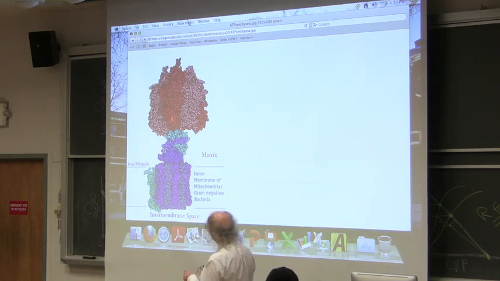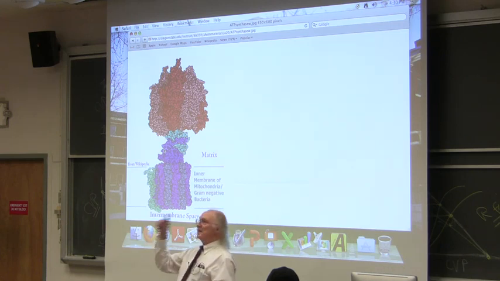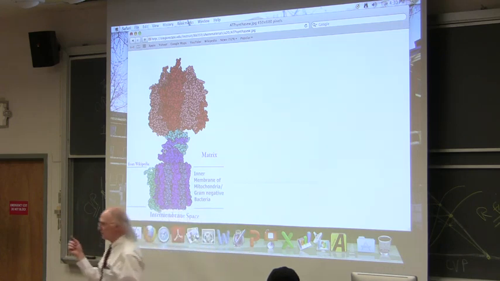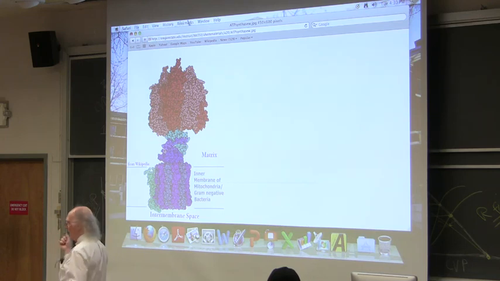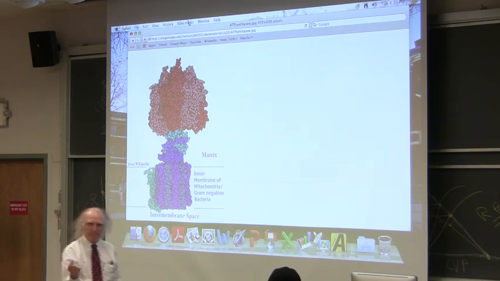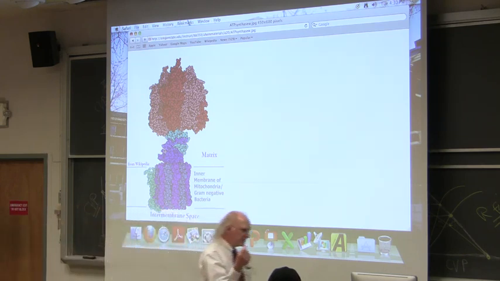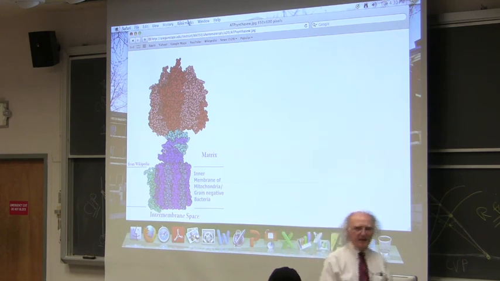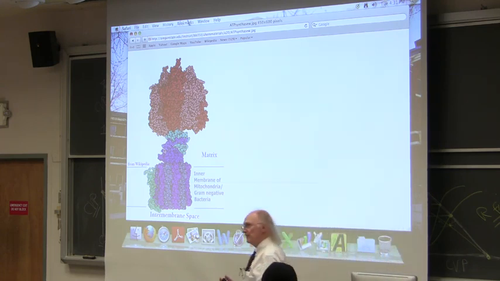This turbine down here spins. It literally spins. And the output of that spin is ATP. The result of the spinning of the turbine, as we will see, is ATP. Now, this is absolutely remarkable.